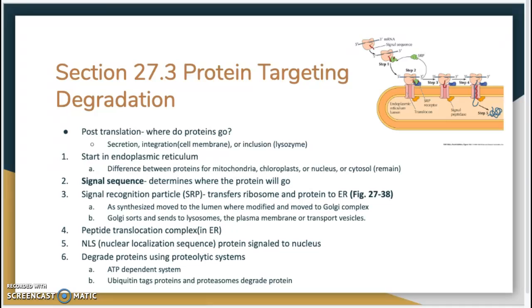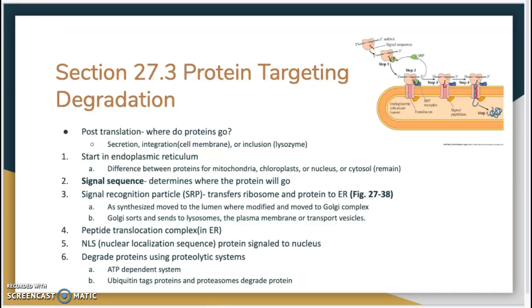I'm going to finish up with talking about protein targeting and degradation. I'm going to make this short, but basically after translation, we have to ask the question, where do proteins go? They can either be secreted, integrated into the cell membrane, or included into the lysosome. So where does this start? It starts in the endoplasmic reticulum.